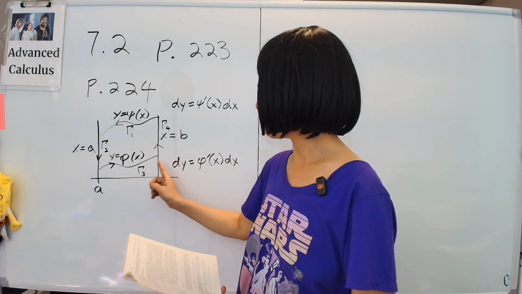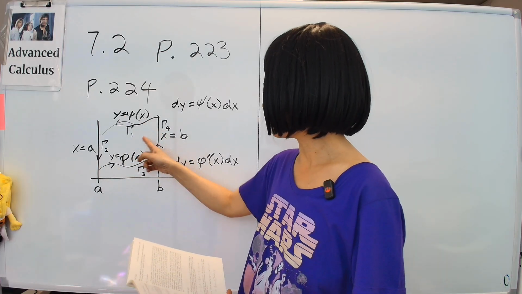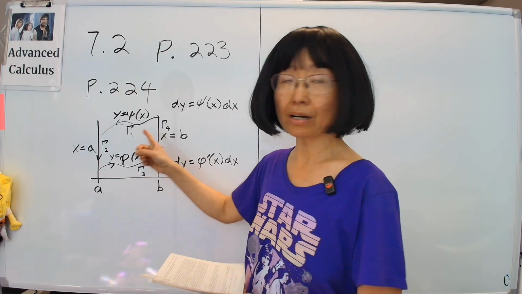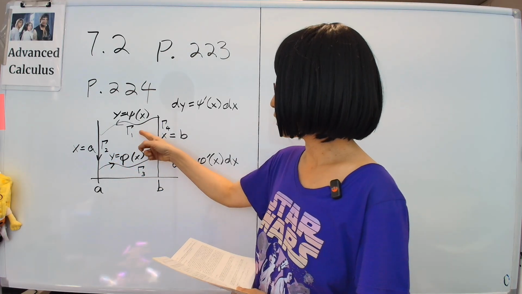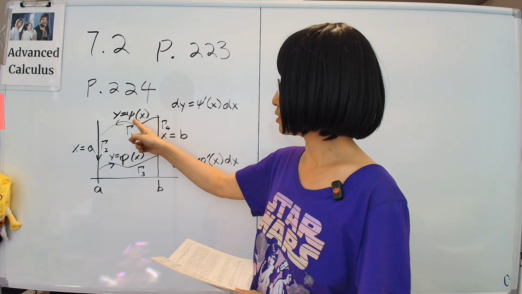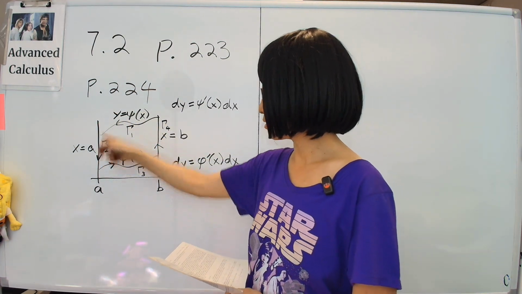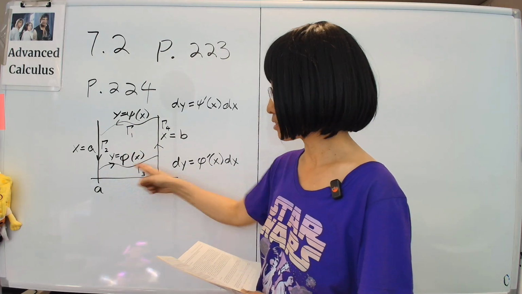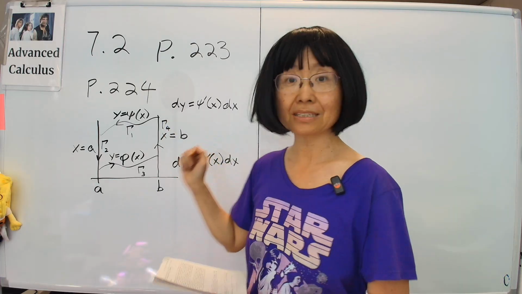Being that it's still Rx, gamma is the boundary of this whole thing. We will call the four parts gamma 1, 2, 3, and 4, where gamma 1 is y equals psi of x, going backwards. Gamma 2 is x equals a, going down. Gamma 3 is y equals phi of x, going the normal way to the right. And gamma 4 goes up, x equals b.